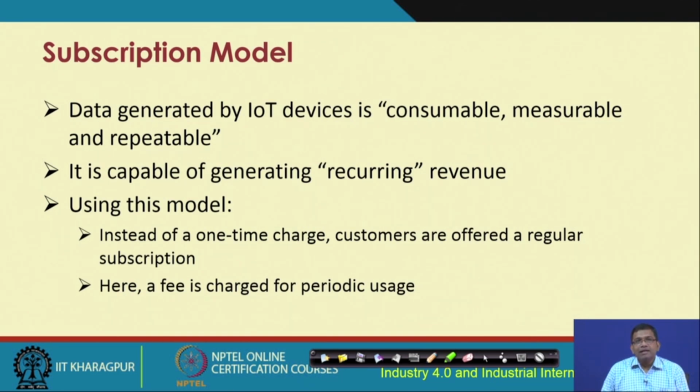So, using this kind of subscription model, you are not talking about a one time charge to the customers, but these customers can be offered services, and they can be charged based on the subscription that is offered. Customers are going to subscribe to IoT services, and they are going to be charged based on the units of subscription and the units of usage.